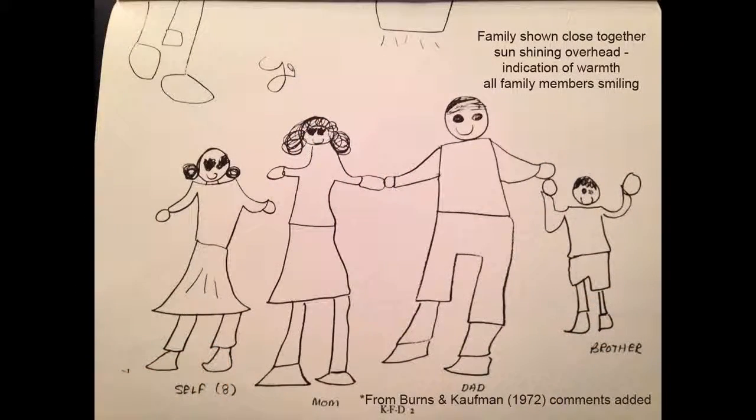Kinetic family drawings are interpreted on a number of levels. The obvious questions as to what the family is doing, where, how, why, etc. are important.